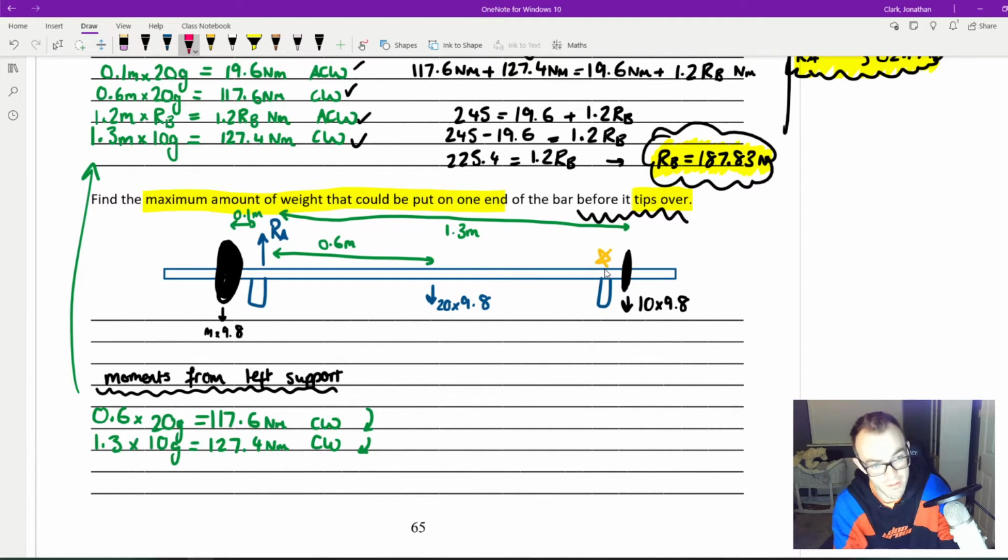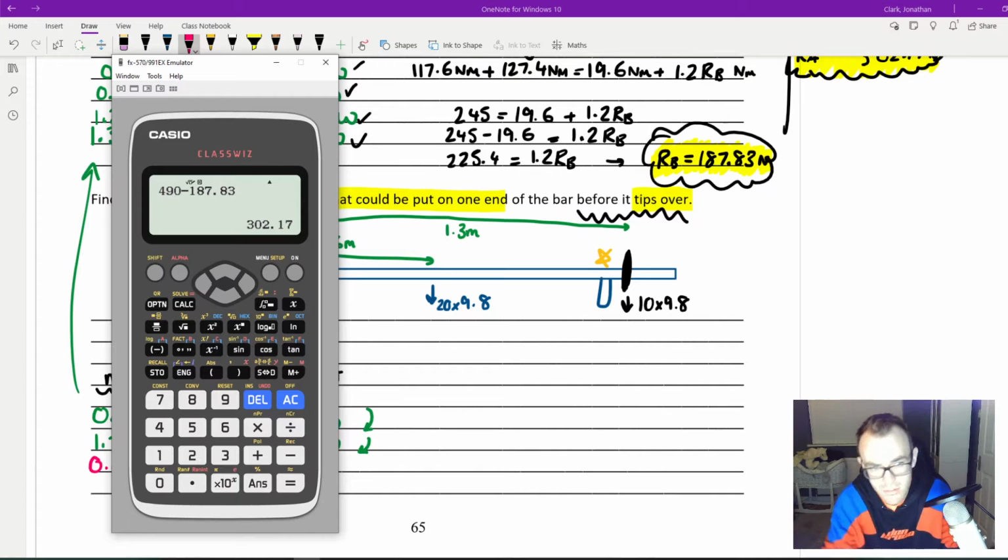Cool. Now this bit, the distance is still the same, 0.1, but I do not know the mass anymore, so I'm just going to keep it in terms of m. And 0.1 times g, 0.1 times 9.8, I probably didn't need the calculator for that, let's be honest, is 0.98.